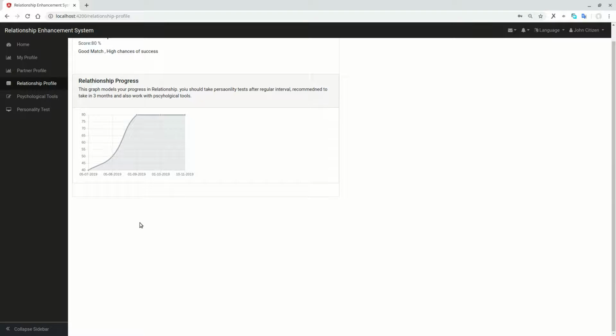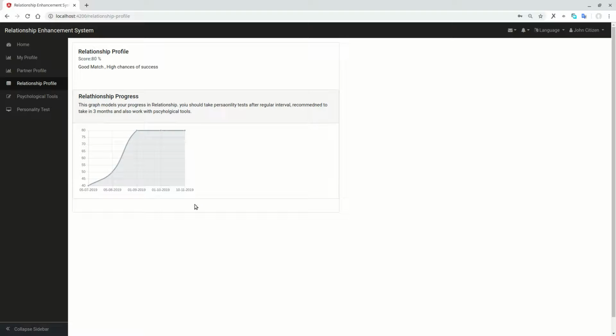In this particular case, for John and Sarah, their relationship started from 40, which is just okay, and then they significantly improved with time, and for the last 2-3 months it's been stable and going good. If they continue, they can go up to 85 or 90%, a very high chance of having a successful relationship.